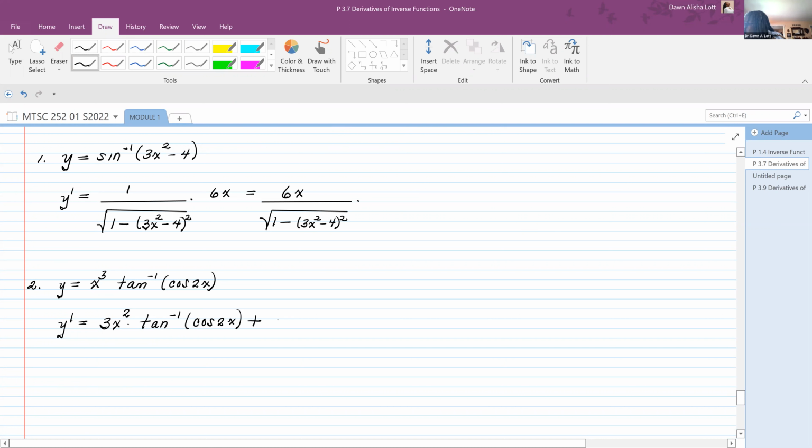Plus the first times the derivative of the second. Which you got the derivative correct, but you didn't use the product rule.